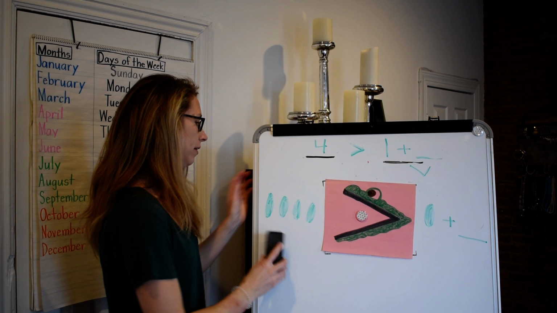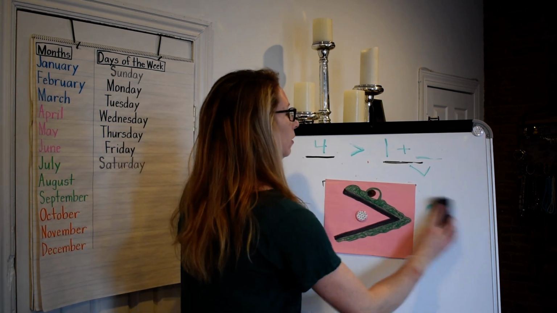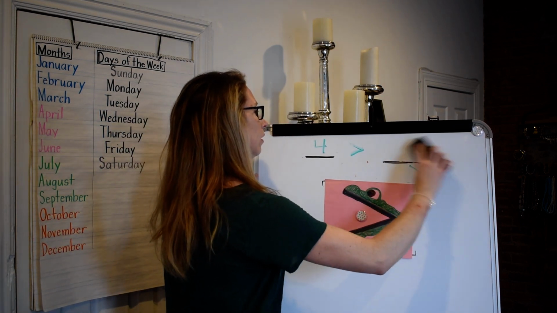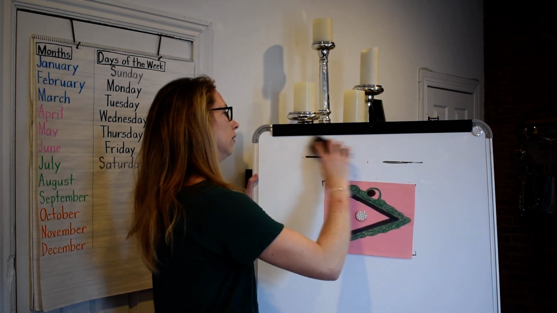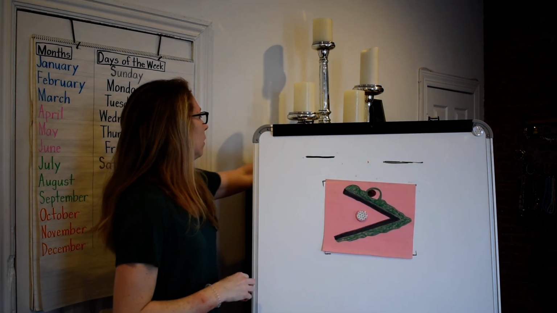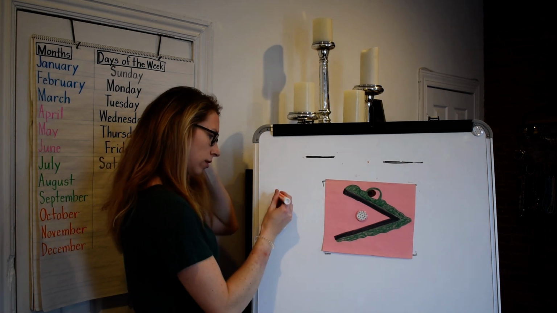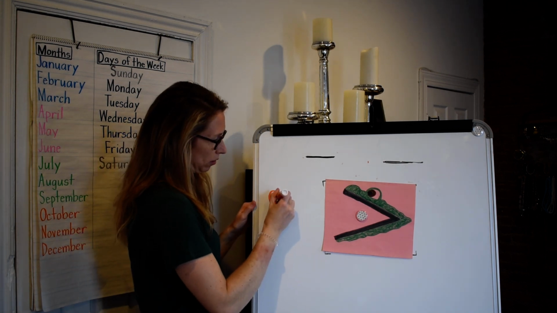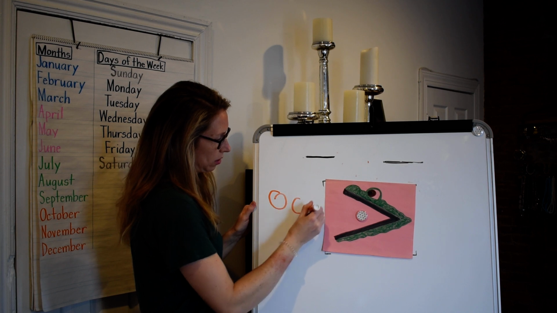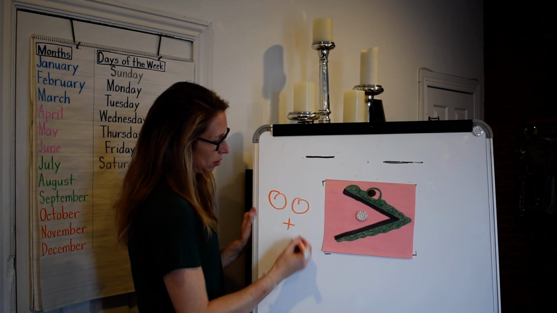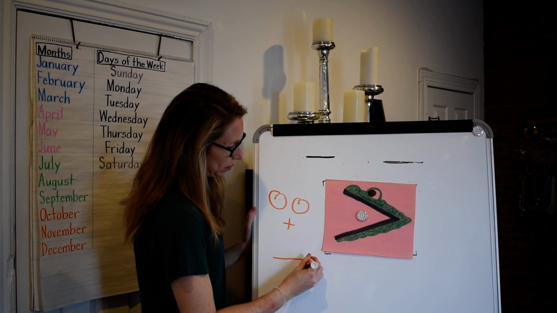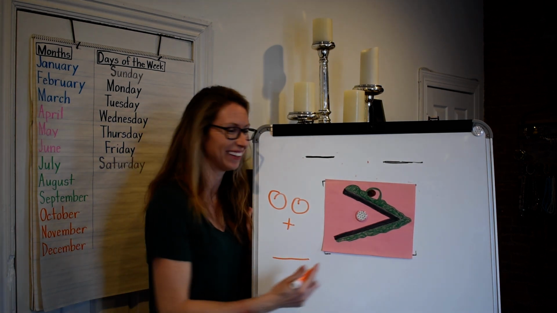Let's try another one. Peaches. We're going to do peaches. Peaches kind of have that little face. 2 peaches plus blank peaches.